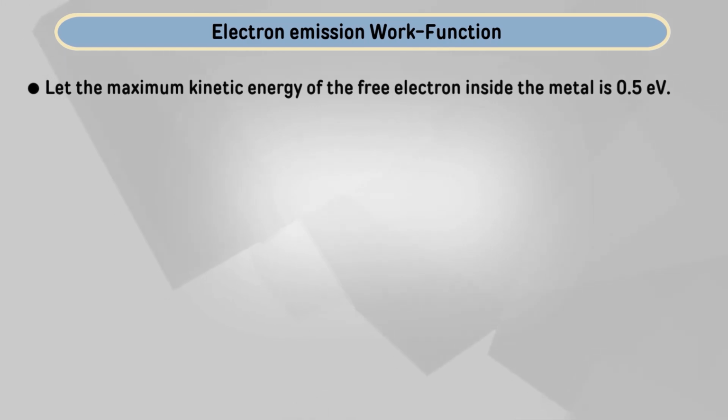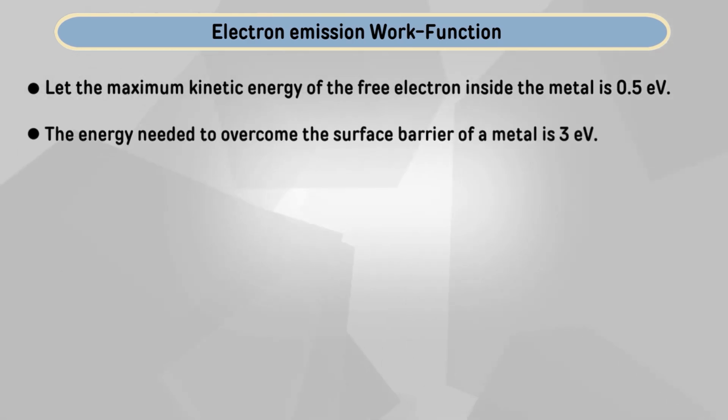Let the maximum kinetic energy of free electrons inside a metal be, for example, 0.5 electron volt, and the energy needed to overcome the surface barrier of the metal is 3 electron volt.